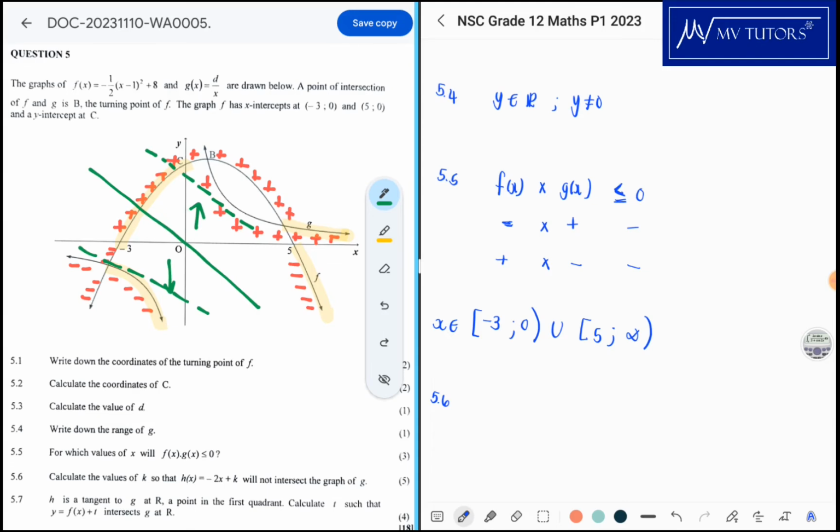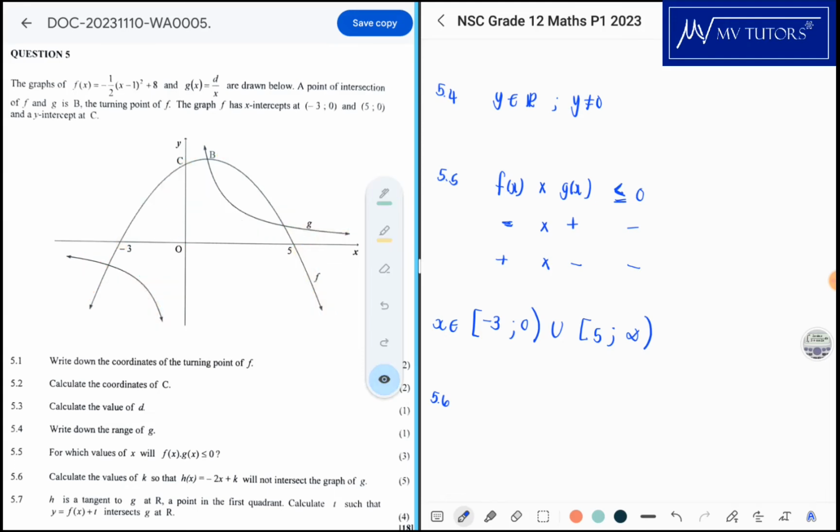So we need to know what is that upward value that k can be. And because it says here, calculate the values, it's more than one value for k. So there's a group of values here that are positive and there's a group of values here that are negative. So how are we going to tackle that?